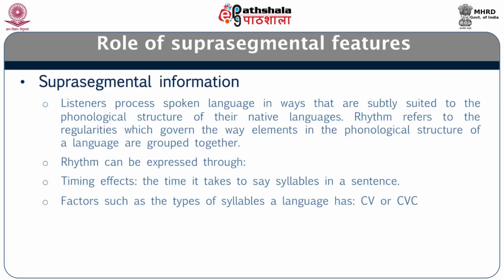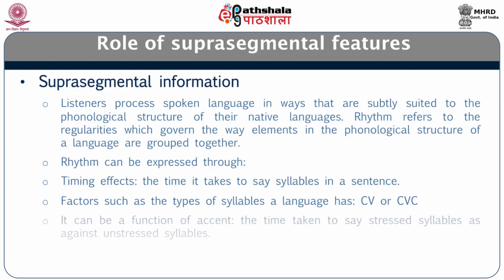So these play a very important role in how we listen. So if a language has a CV structure, then they will find it difficult to accept CVC languages. They'll have problems with CVC languages because they do not have a consonant in the word final, in the syllable final position. Then it can also be a function of accent.